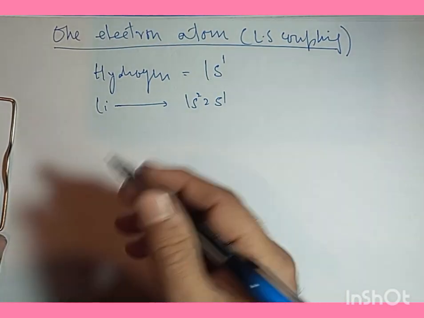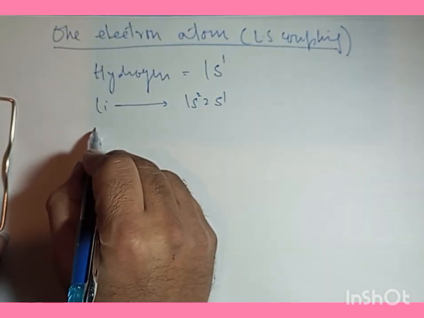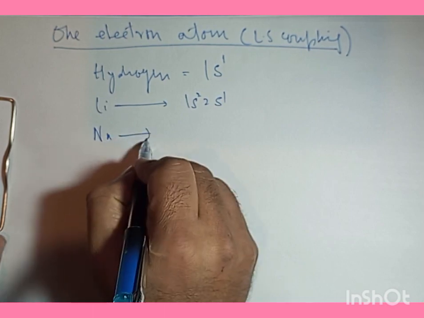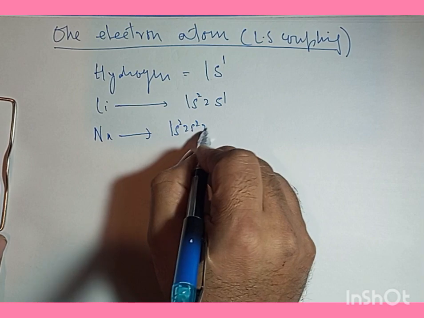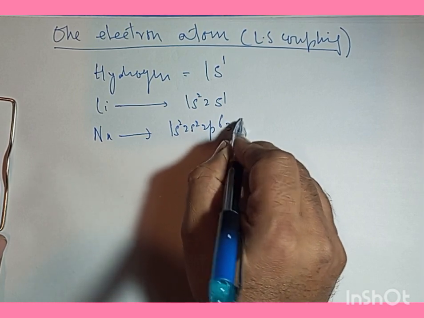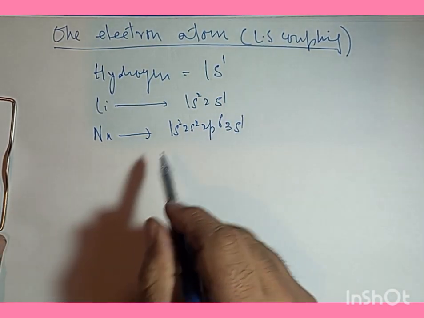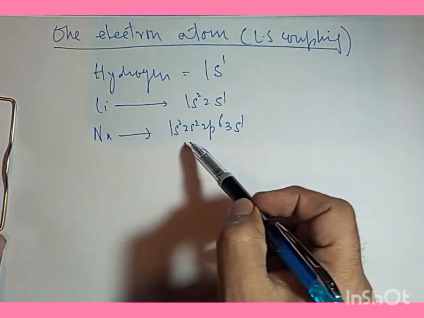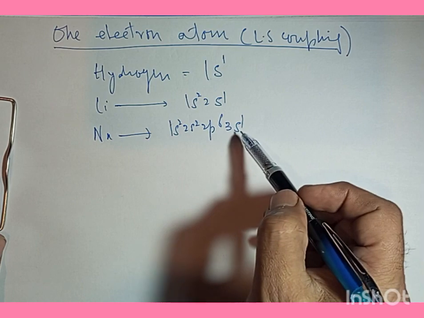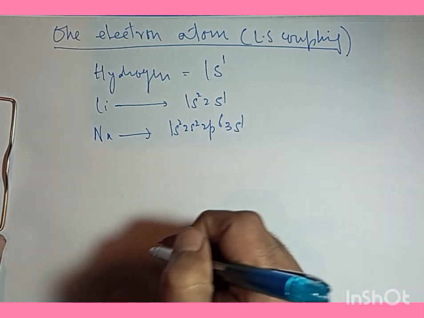And if we proceed to another example, say sodium, it is 1s2, 2s2, 2p6, and 3s1. And we have 10 inner orbit electrons and one valence electron.